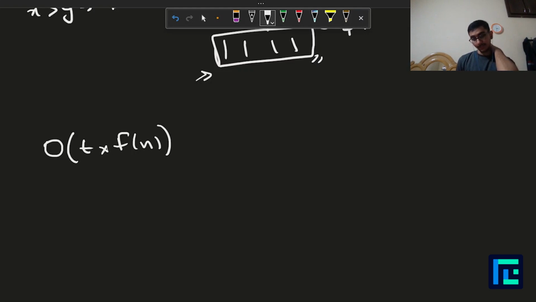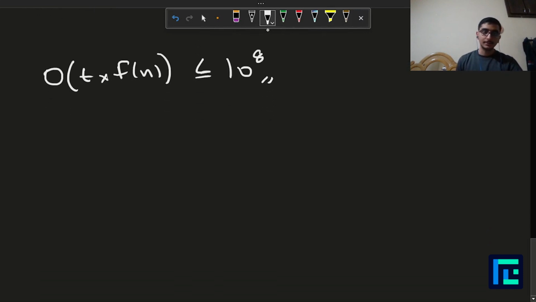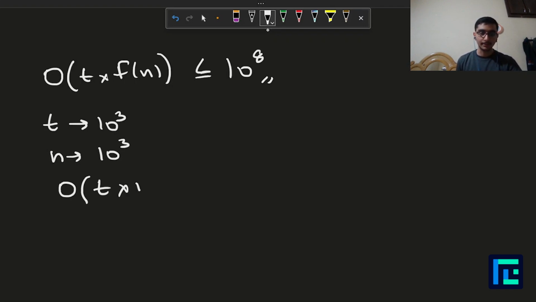If we consider our number of operations limit to be 10 power 8, which is the number of operations that we can run in 1 second on Codeforces, and t can go up to 10 power 3 and n can also go up to 10 power 3, then O of t into n would take about 10 power 6 operations.